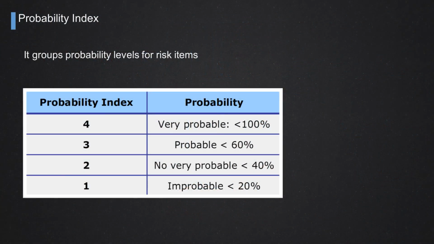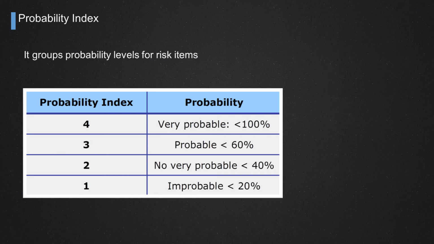Another kind of table of the same type is the one that divides the risk according to an index instead of classes like low, medium, high.